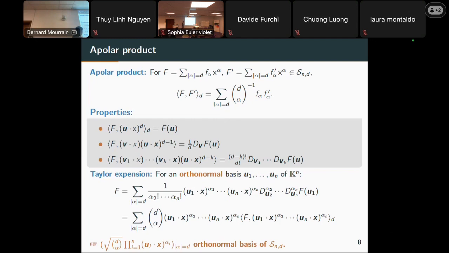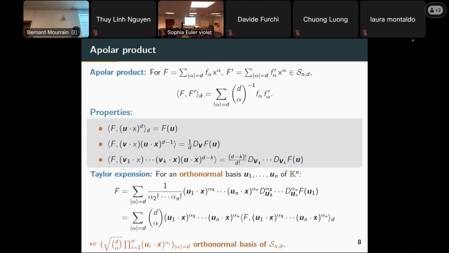And repeating this for several vectors v_1 to v_k, times (u scalar x)^(d-k), it's a repetition of derivations with some coefficient, the number of derivations.